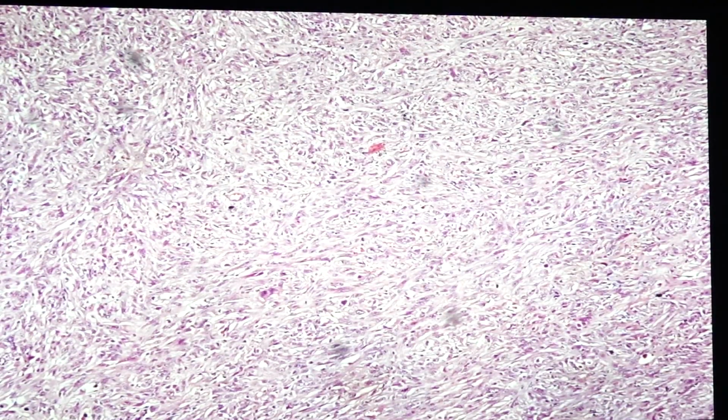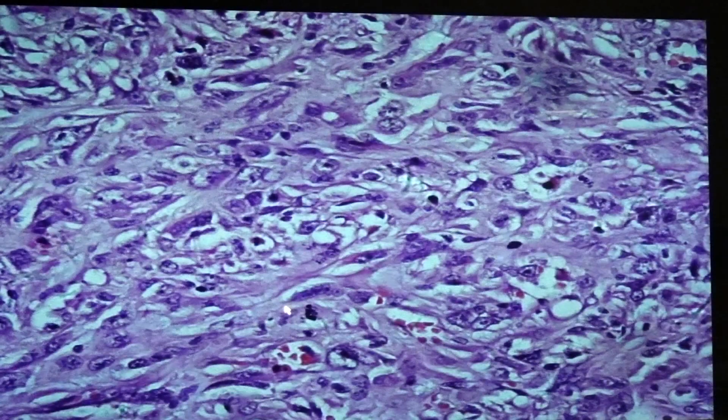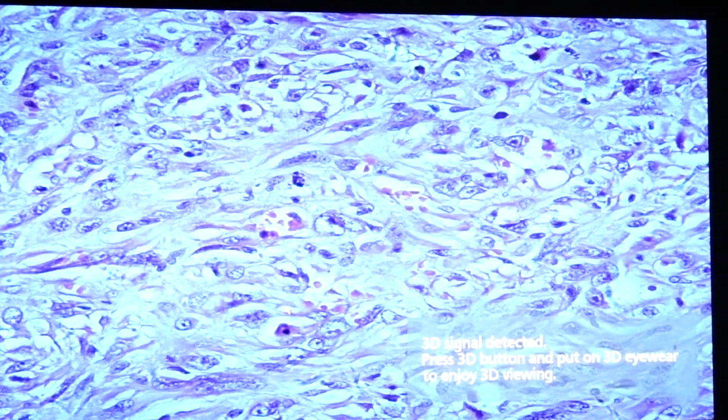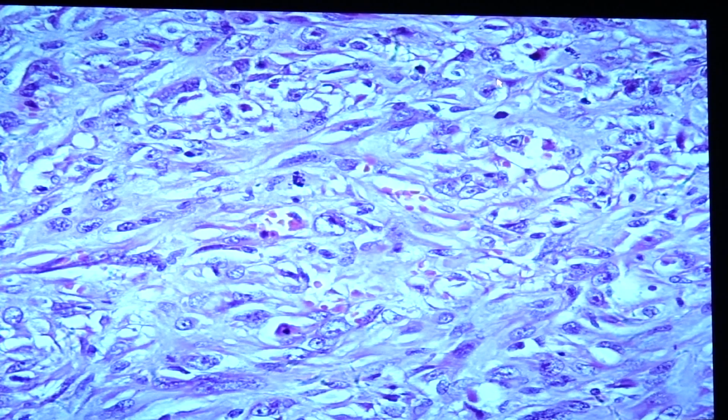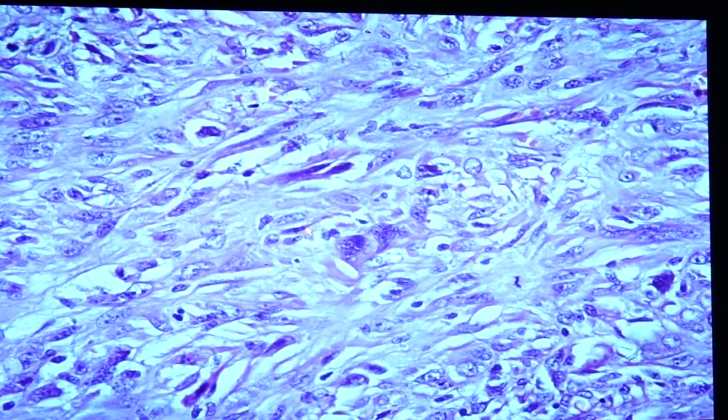So leiomyosarcoma is a malignant tumor derived from smooth muscle fibers. They are spindle cells. They have marked pleomorphism, and there's the presence of prominence of the nucleolus or nucleoli. So you have here the spindle cells.